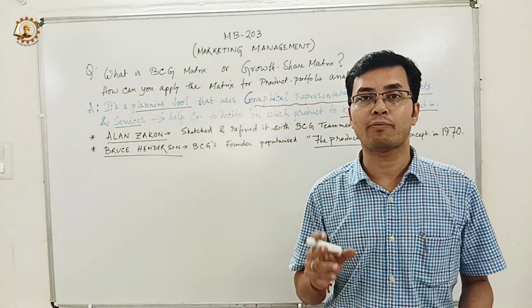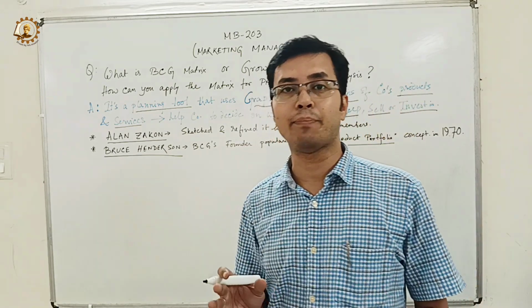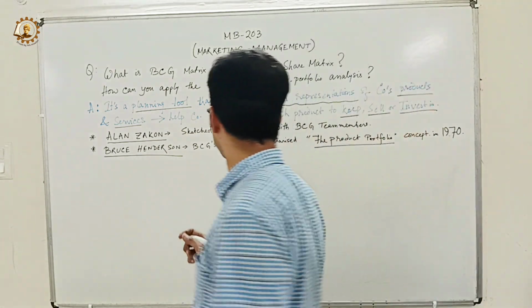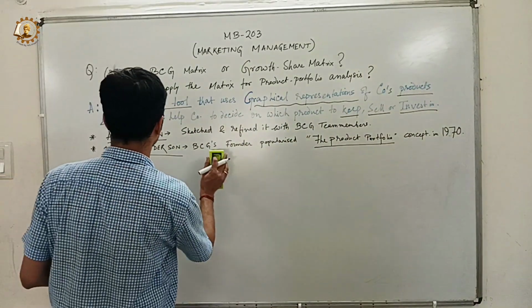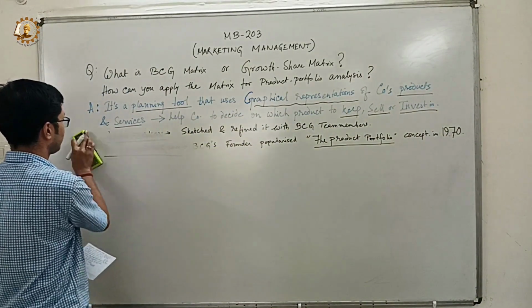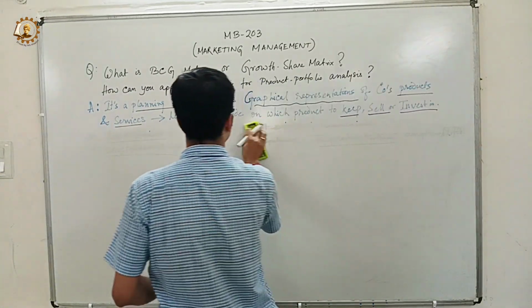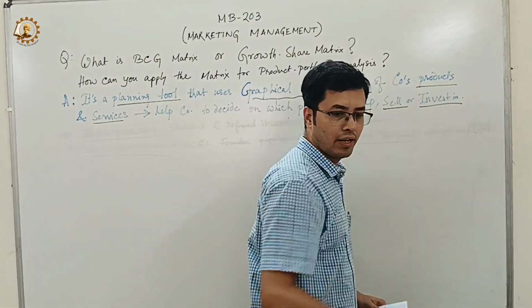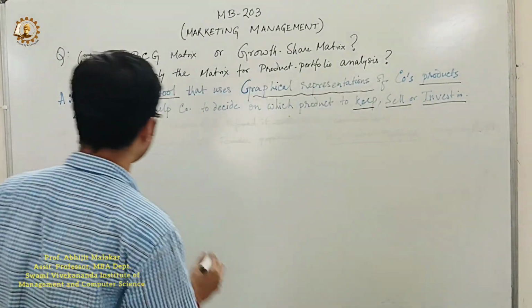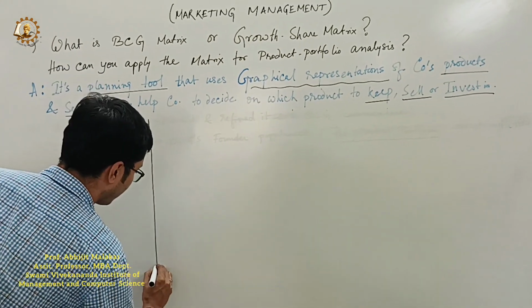Now we have to understand the concept of BCG, how it works. Let us take a very simple example of a graphical model. We will take two axes in this model, the x-axis and the y-axis, like a plain simple graph.